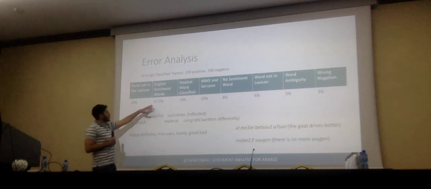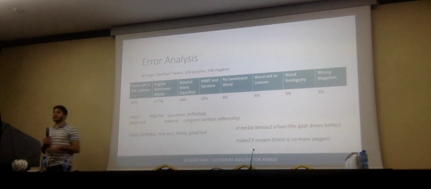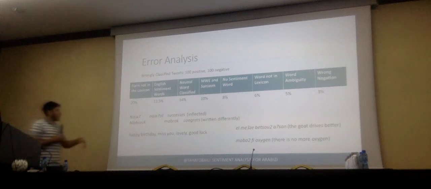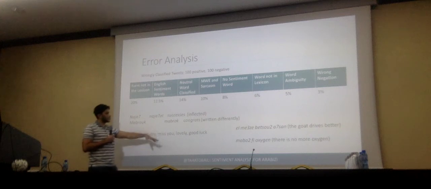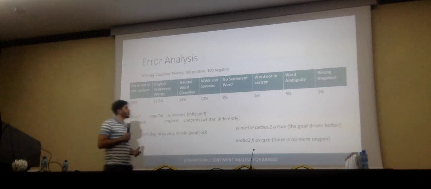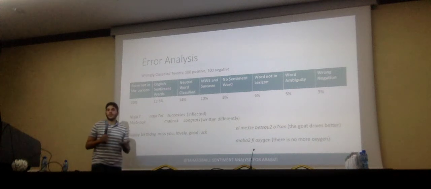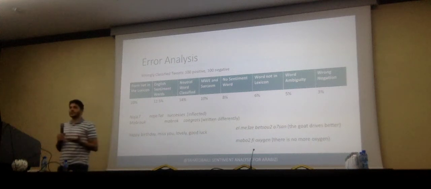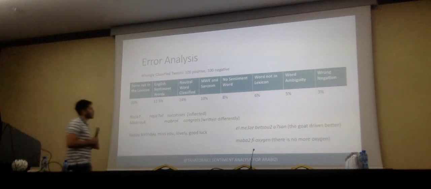The other type of errors was that the sentiment words were written in different languages, such as English. We had a lot of common expressions, such as happy birthday, miss you, love you, and even swear words as well. Neutral words classified as sentiment could be because the neutral words are contextual. They pose different meanings in different contexts.